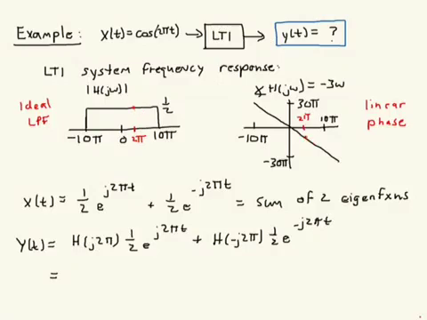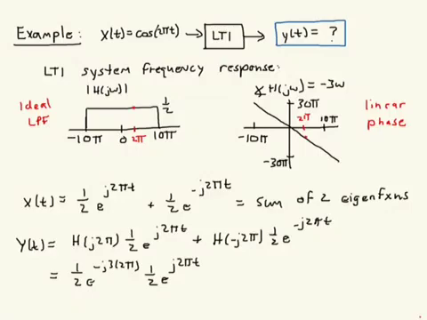So we rewrite that as 1/2 e to the minus j 3 times 2 pi, times 1/2 e to the j 2 pi t. So these two terms here represent the scaling factor, and this was the input eigenfunction.